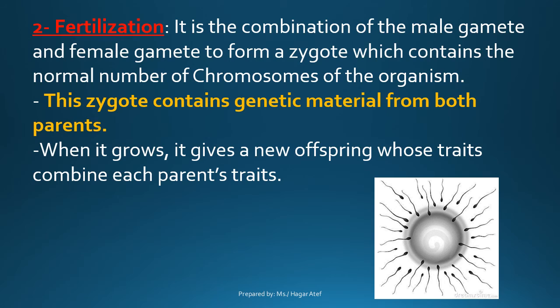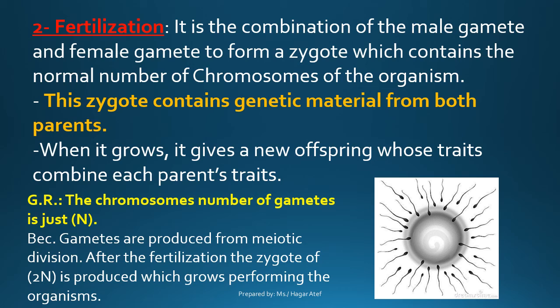When it grows, it gives a new offspring whose traits combine each parent's traits. So give reason: the chromosome number of gametes is just n, because gametes are produced from meiotic division. After fertilization, the zygote of 2n is produced, which grows, forming the organism.